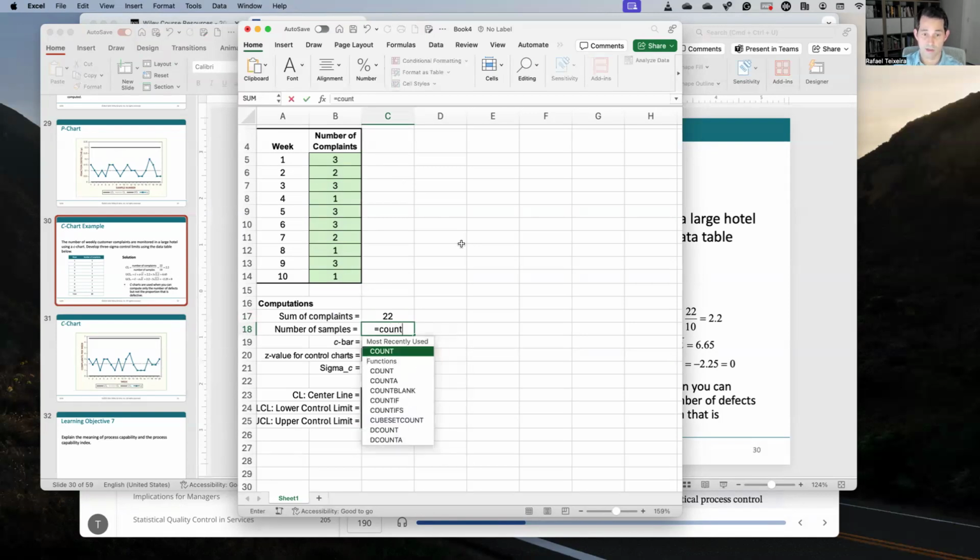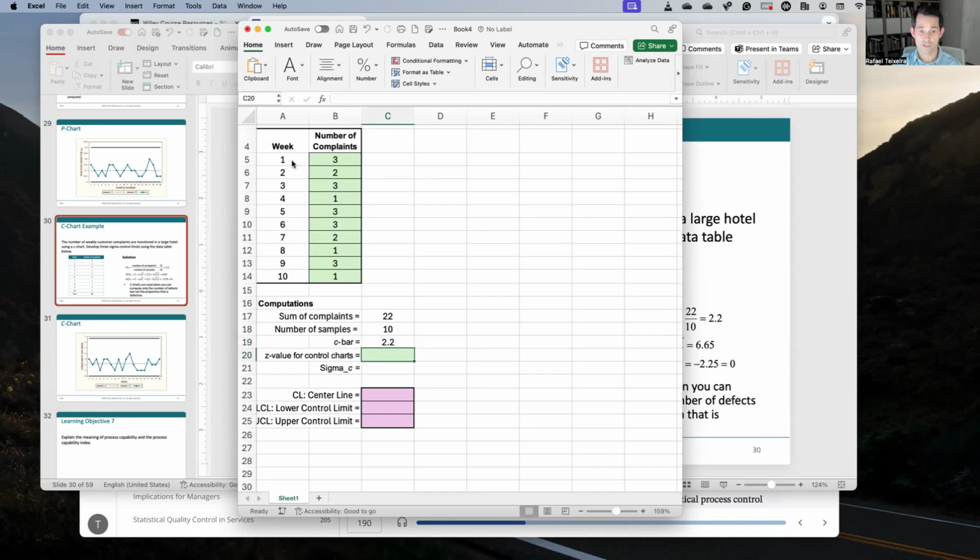I could also use COUNTA, open parentheses, which counts the number of cells in a range that are not empty. If I type COUNTA and select the range of cells, I have 10 samples. The C bar, which is the average count of complaints, is equal to 22 complaints in total divided by the number of samples, which is 2.2.